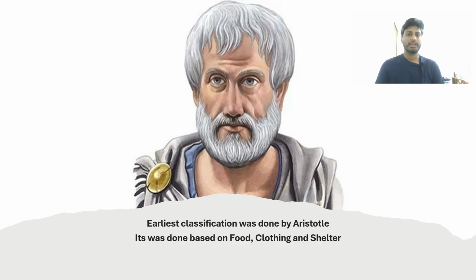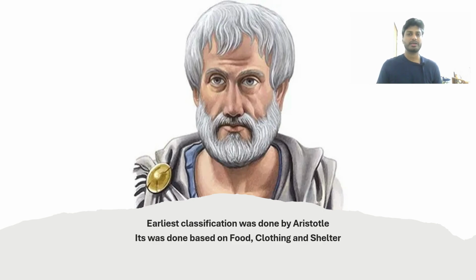Of course, during his era, when there was no development in the field of science and technology, and research was not very advanced, the kind of classification he did was very simple.